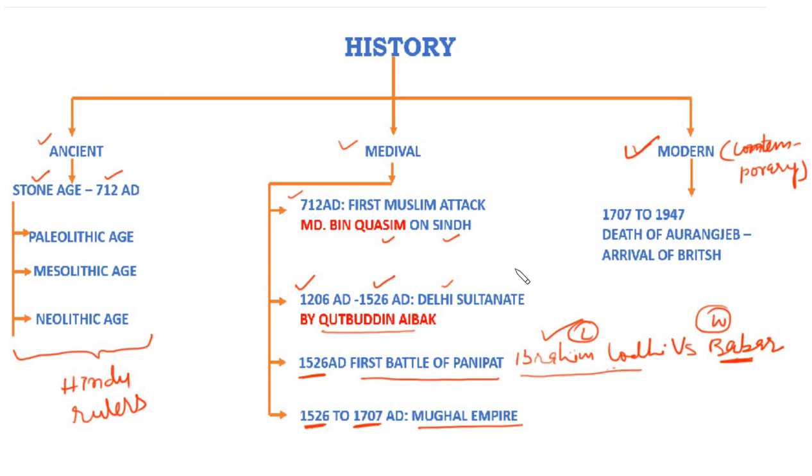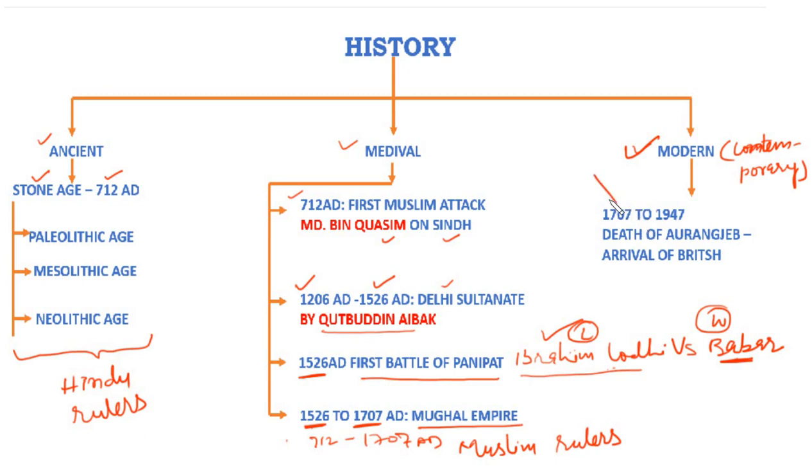It was a change of era. See, what we have seen, 712 to 1707 AD, was the time of Muslim rulers. Right? Now, there is modern history after 1707.